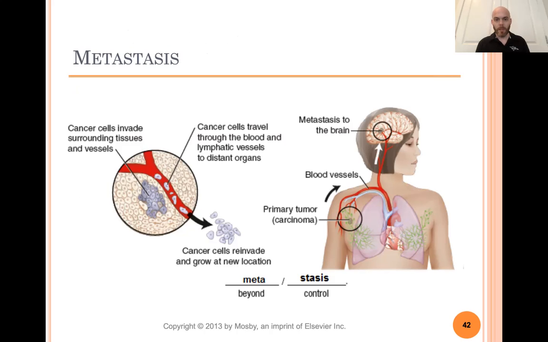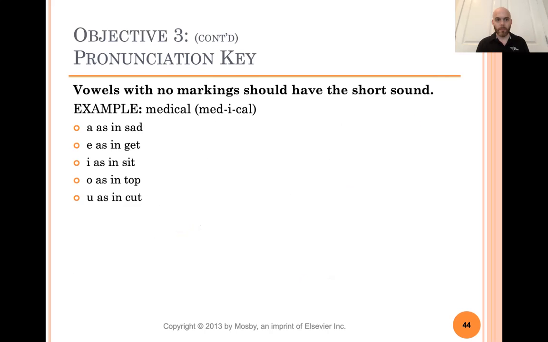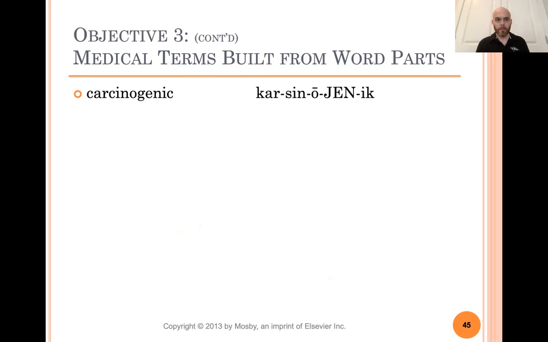That's just a little diagram of metastasis, cancer spreading. Okay, let's look at some words here. Carcinogenic, cancer causing. Carcin means cancer, genic means producing or creating. Carcinoma, cancer of connective tissue, oma.